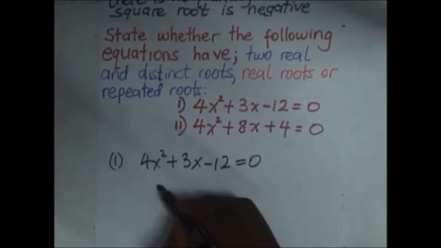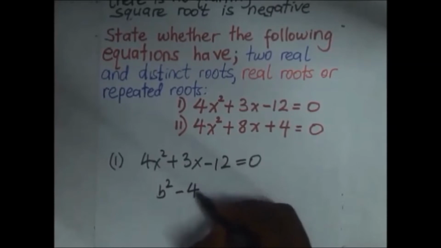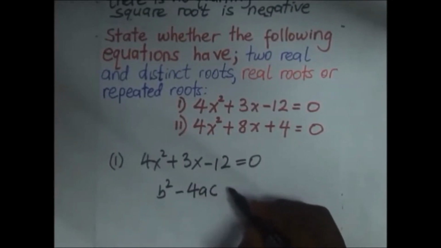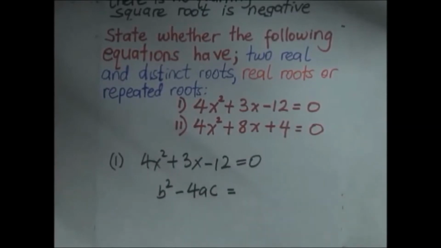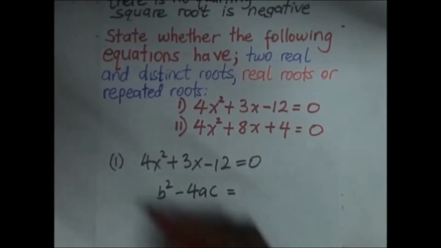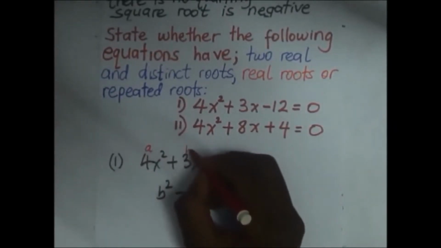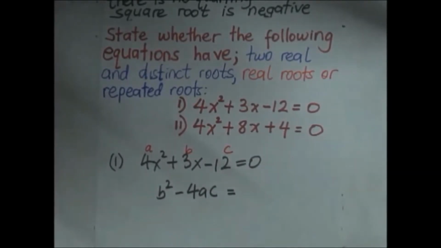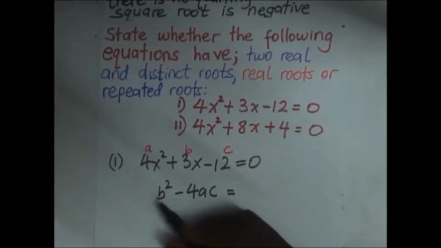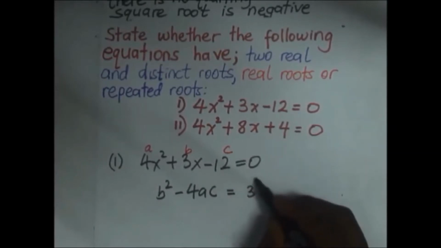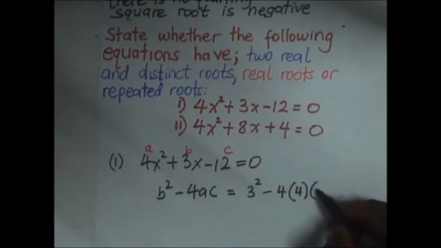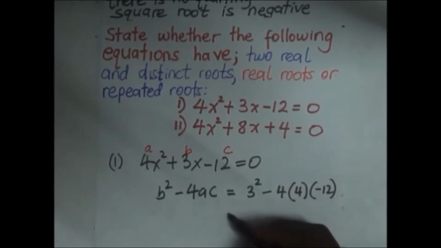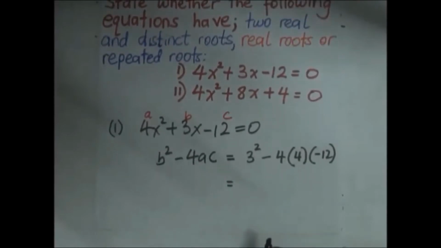We know that b squared minus 4ac, which is the discriminant, should be equal to, according to the general formula, this is a, this is b, this is c. So we substitute in here. What is b squared? b squared is 3 squared minus 4 times a, which is 4, times c, which is negative 12.